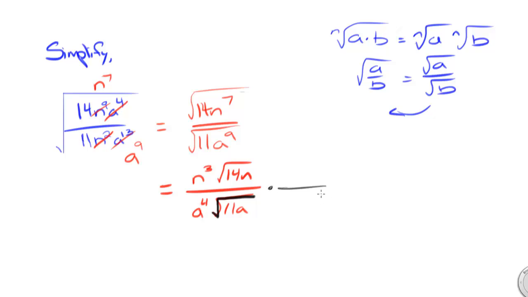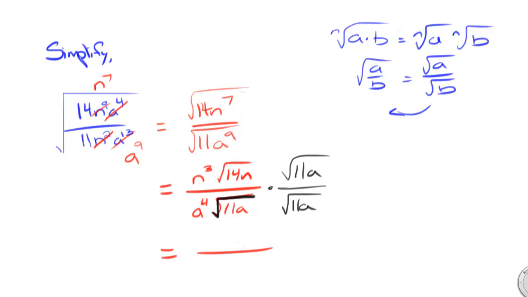At this point, what I'm going to do is multiply this fraction by a factor of 1. I can always do this. The factor of 1 in this case is going to be exactly the same square root that I see right there, a square root of 11a, and I do that in the top and the bottom, numerator and denominator. The result of that action is this.